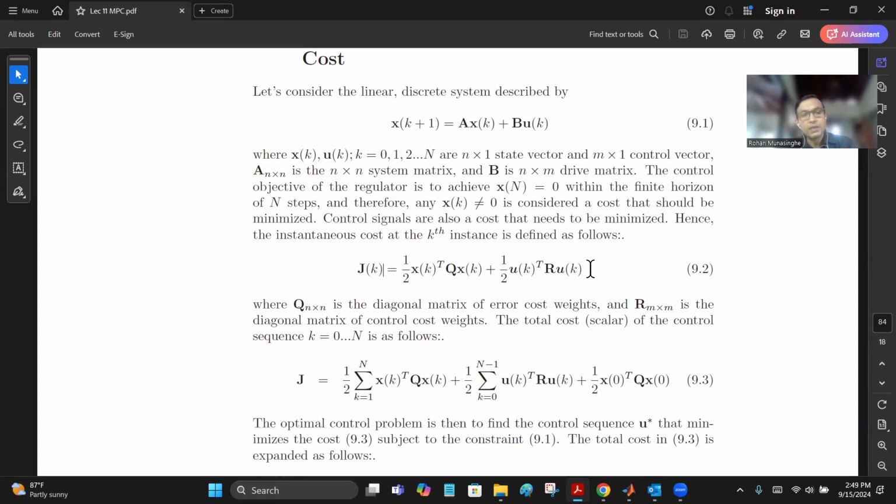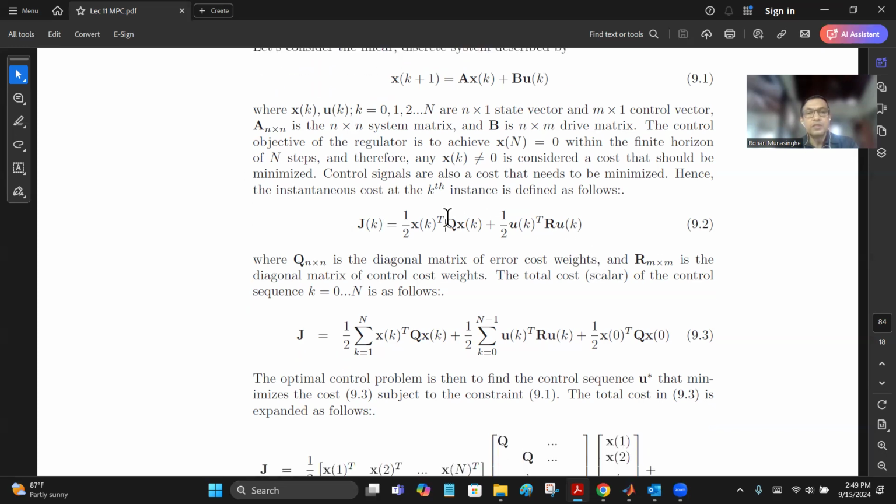Now, why this capital Q and capital R there? It is because maybe it is not very accurate to consider all the state variables as having the same cost. Maybe position has a different significance than velocity, and a different significance to acceleration.